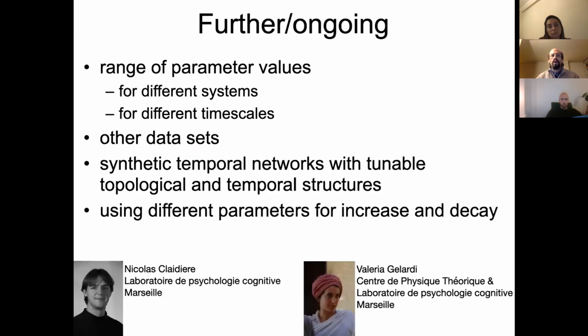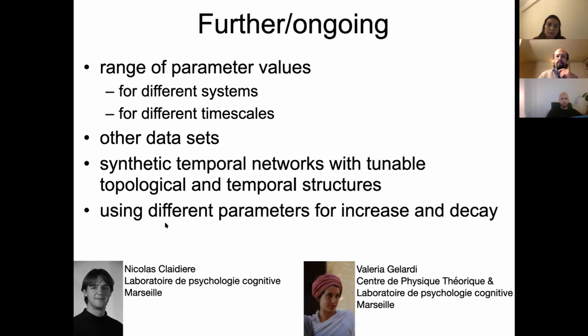Of course, we are now looking at different systems, other data sets, and we want to check how the range of parameter values that allows us to detect a perturbation changes depending on the systems and the time scales involved. And obviously also with a bunch of synthetic temporal networks in which we can tune the kind of perturbations that we impose and check how we detect them.